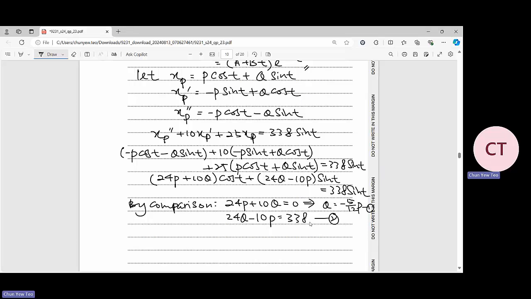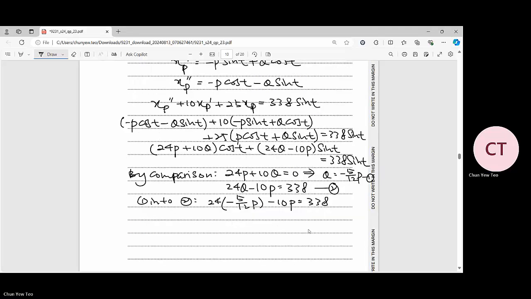I call this one 2. Substitute 1 into 2. That is, you get 24 times negative 5 over 12 P minus 10P is equal to 338. Then you get this calculation.